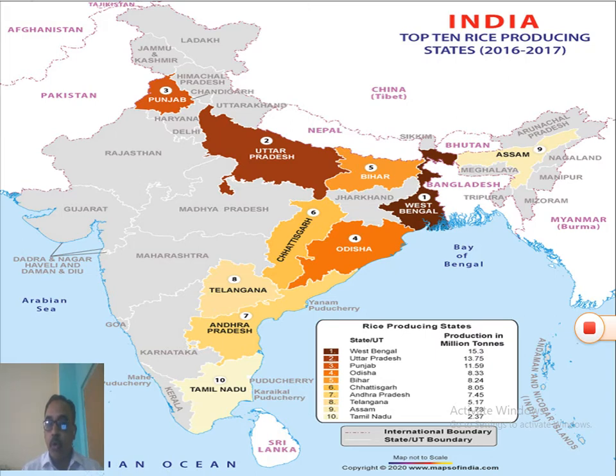Orissa and some parts of Andhra Pradesh, most of them lie on the coastal belt. As I told you before, rice needs alluvial soil. The best soil for rice is alluvial. So these are the areas where we have alluvial soil. We have already done it in the chapter on soil. That is why rice grows mostly over here.